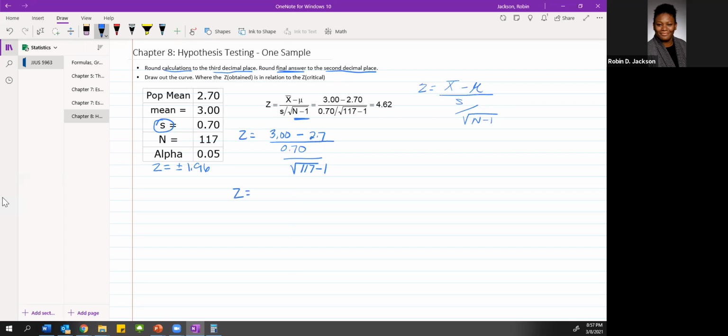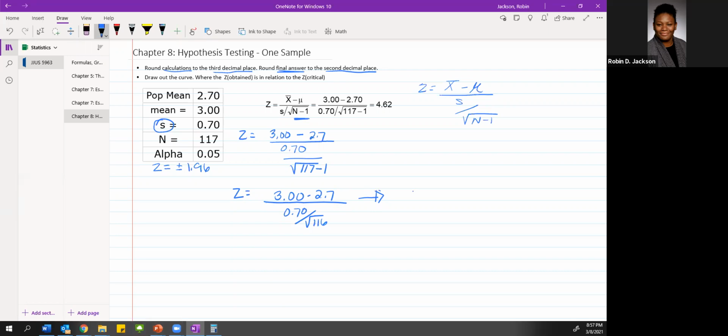All right, so now we have Z is equal to 3 minus 2.7 divided by 0.70, which is then divided by the square root of 116, okay? Okay, so I'm actually going to go ahead and come over this way and do my calculations horizontally. So I'm going to start here, do a calculation, go horizontal, then come back and do the same thing.